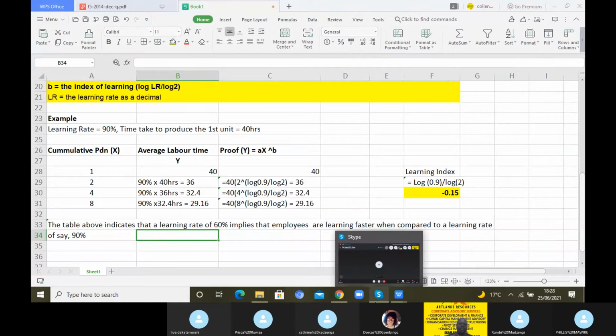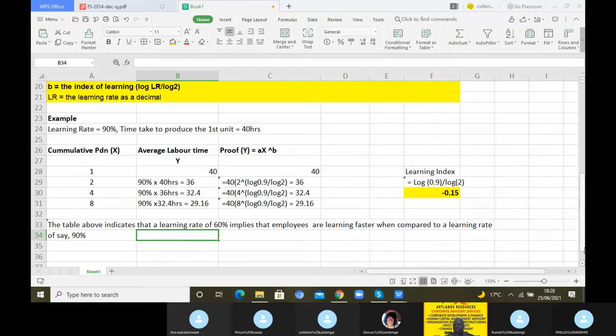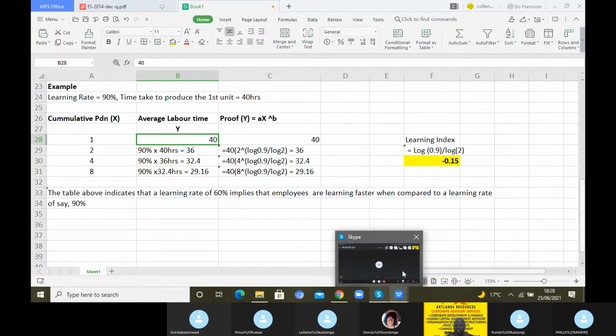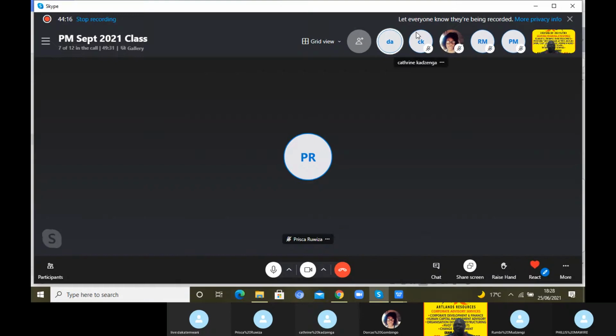So one may ask a logical question, Dorcas, and say, are you telling me that learning curve theory applies in perpetuity? Because the table you have given us indicates that labor time continually decreases. You can see here it was 40, 36, 32, 29. So you may ask, are you saying it continues until it is 0?